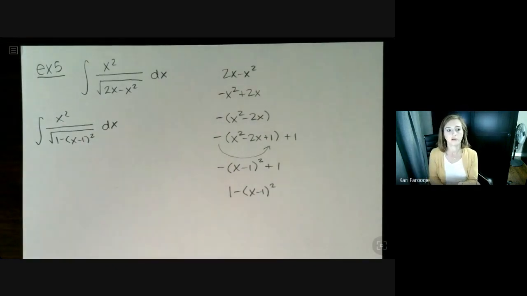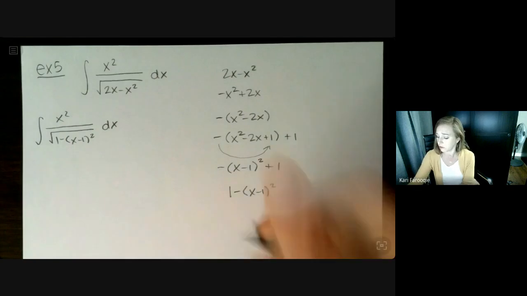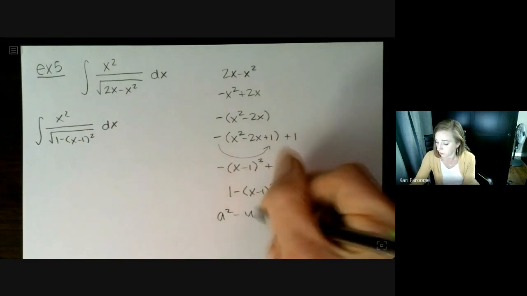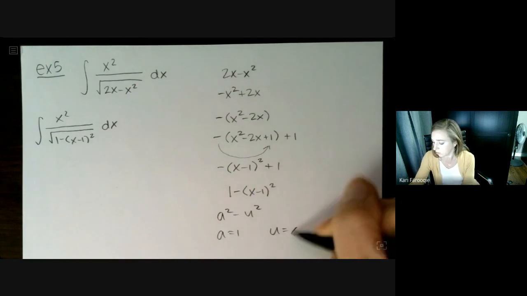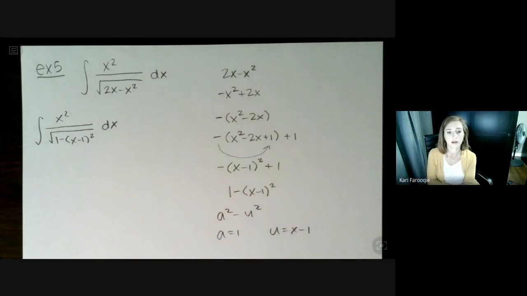Now you have an idea of what to do, because now you're noticing that you're in the form a squared minus u squared, where a is equal to 1 and u is equal to x minus 1.